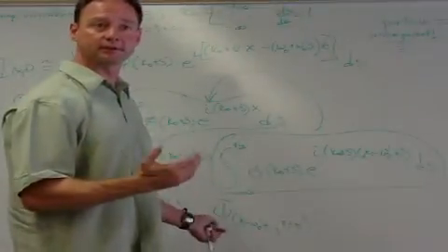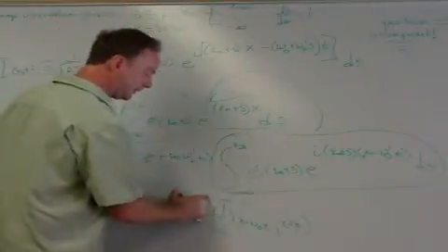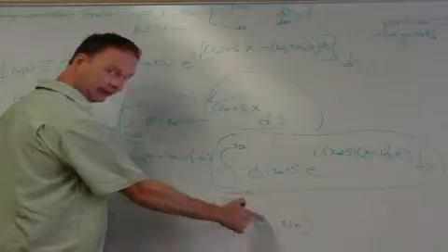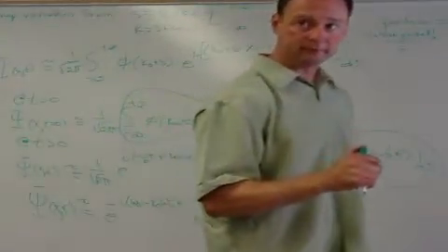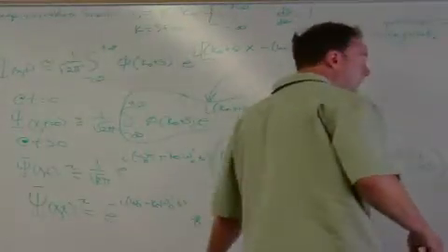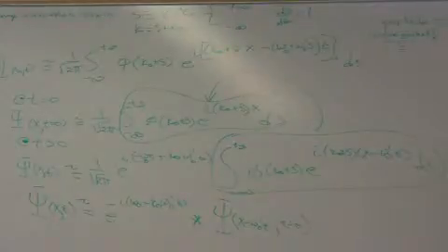It's a phase angle. But what do you recognize a function of x minus omega naught t as? What did we talk about before? What are all such functions? I'm going to erase this now. Plane wave. It might not be a plane wave, but it is definitely not a standing wave.